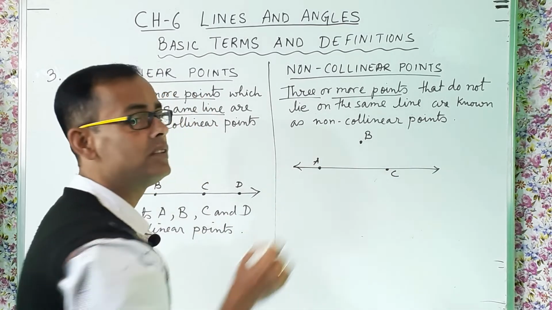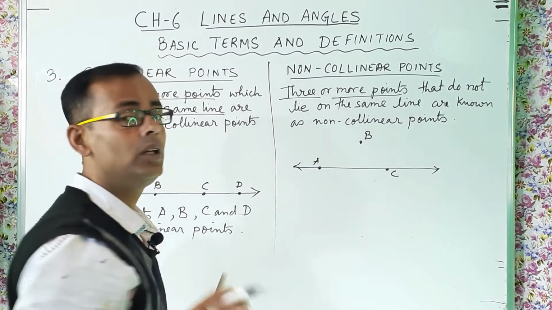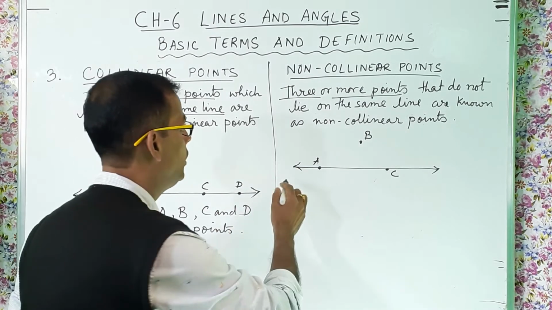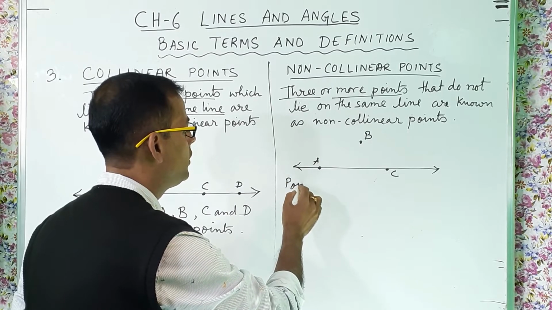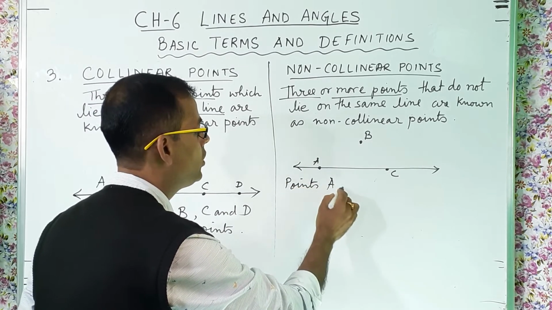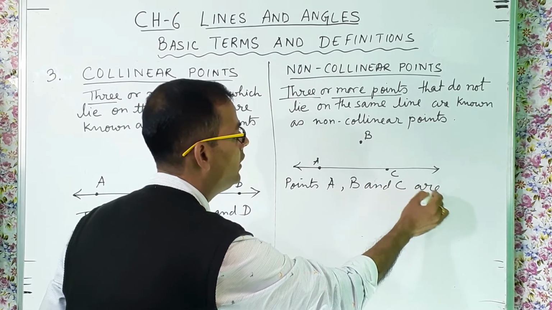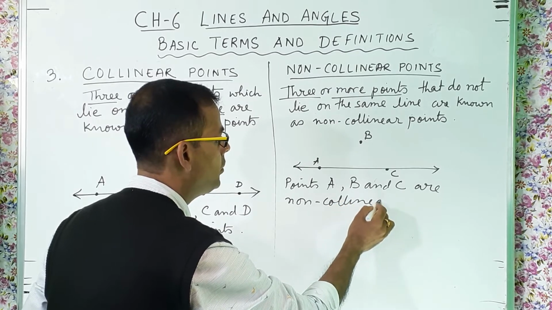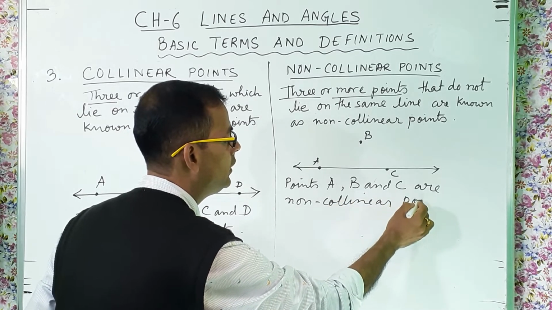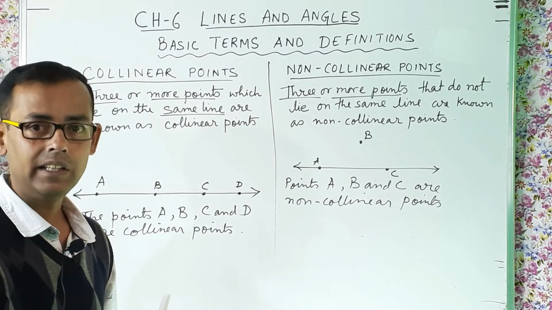So A, B, C are not lying on the same line, then these points are called non-collinear points. So we will write points A, B and C are non-collinear points. I think up to this much it is clear.